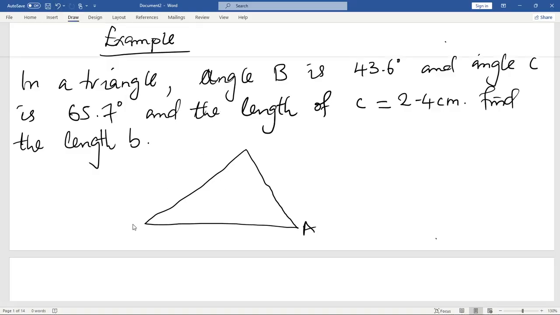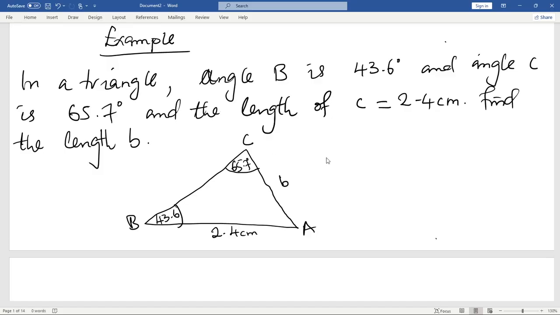So let's say this is our B, and this is our C. B is 43.6 degrees, angle C is 65.7 degrees, and the length of c is 2.4 centimeters. We need to find b, this side here.